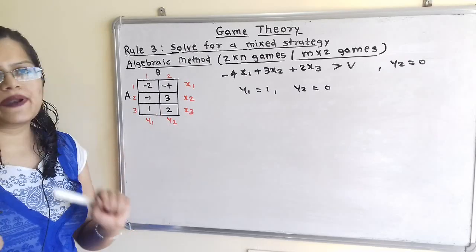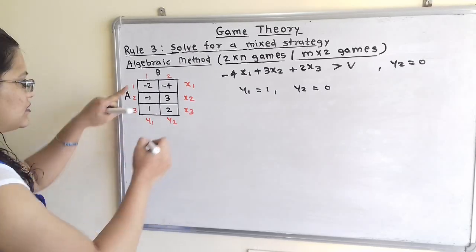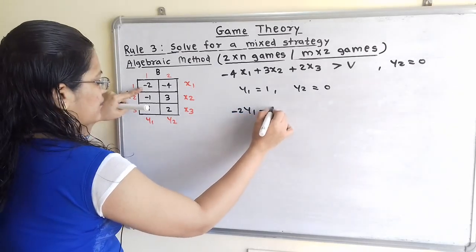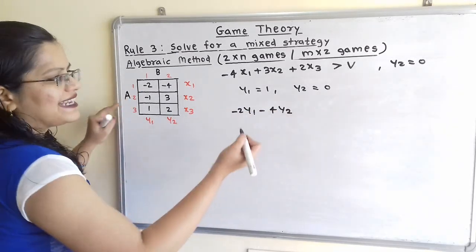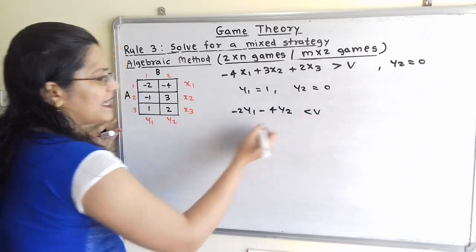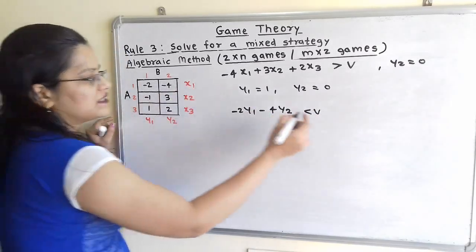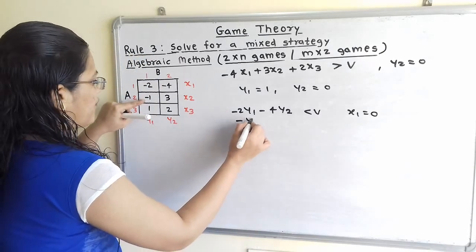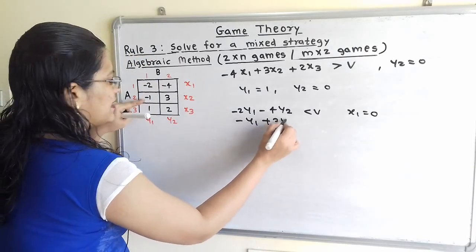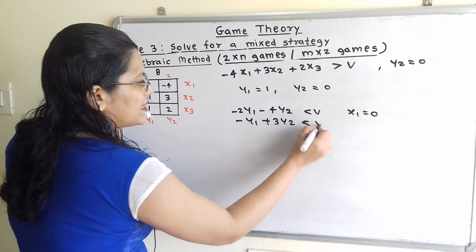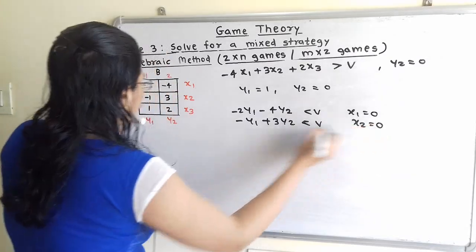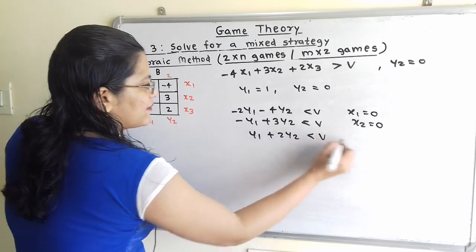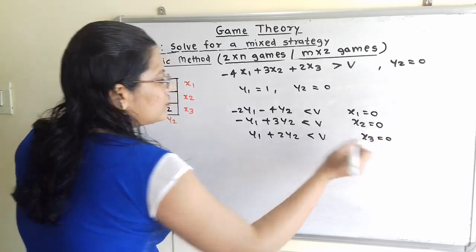Again we will apply the theorem to all the equations, that is minus 2y1 minus 4y2 is less than V. Then in this case, according to this theorem, x1 is equal to 0. Then minus y1 plus 3y2 is less than V, then x2 is equal to 0, and y1 plus 2y2 is less than V, then x3 is equal to 0.